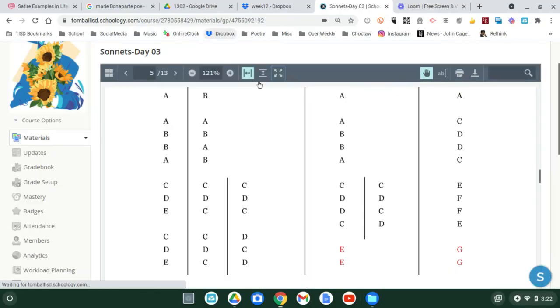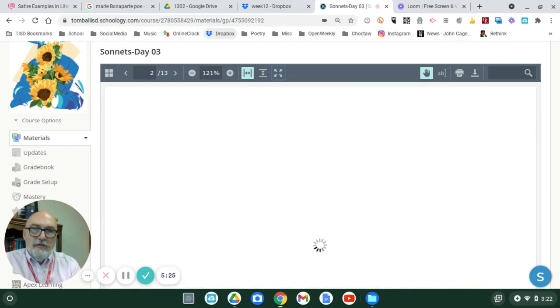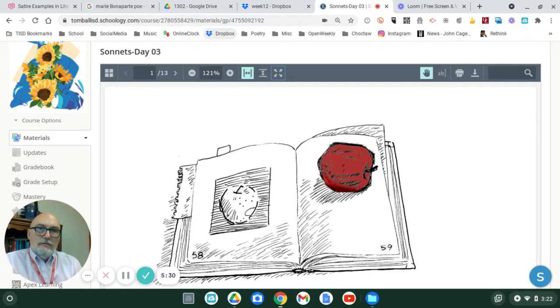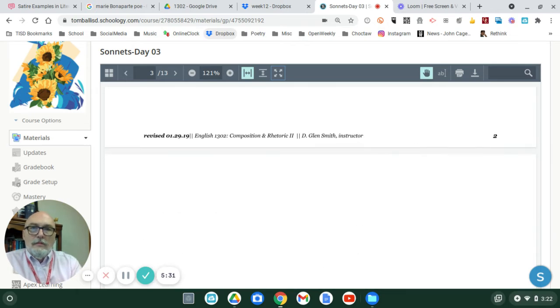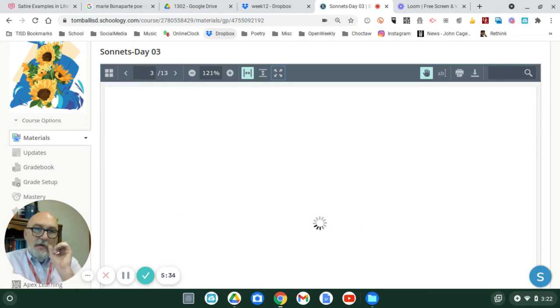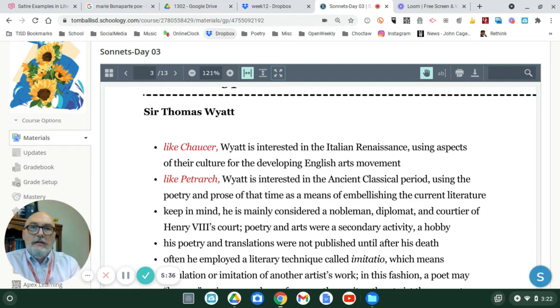Now, the other thing of importance on pages 1 through 4: Wyatt is following the lead of Chaucer.